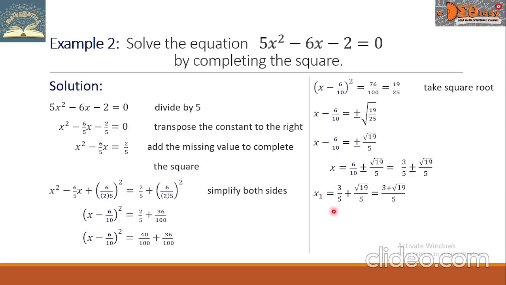This is the value of x sub 1. What about x sub 2? 3 over 5 minus square root of 19 over 5, which we can combine as 3 minus square root of 19 all over 5. These are now the two values of x. Again, we can call them roots or solution of the quadratic equation.